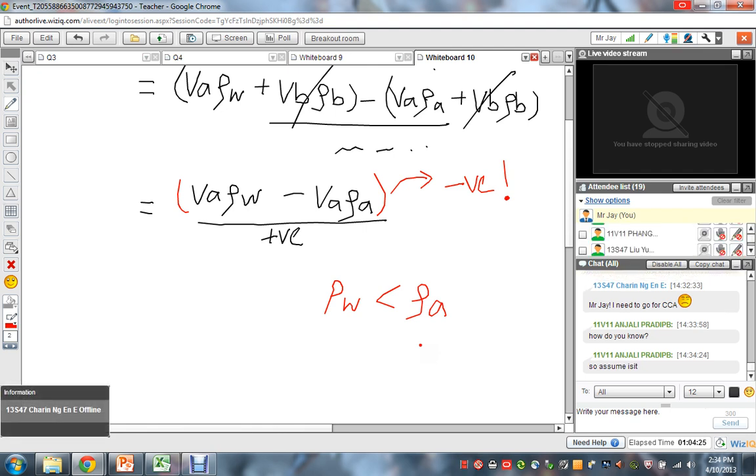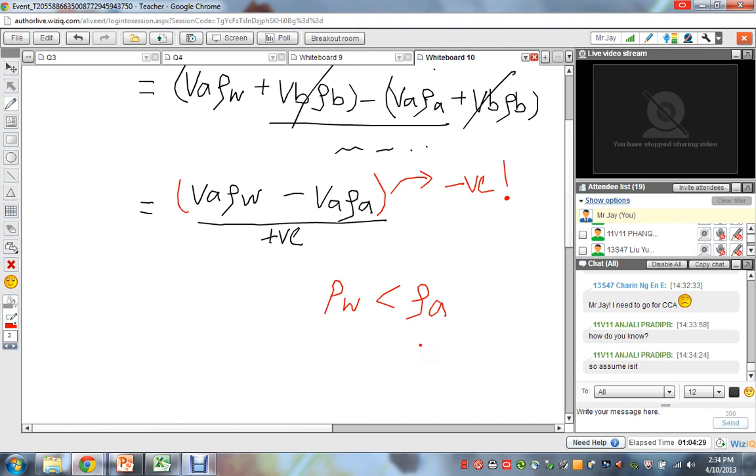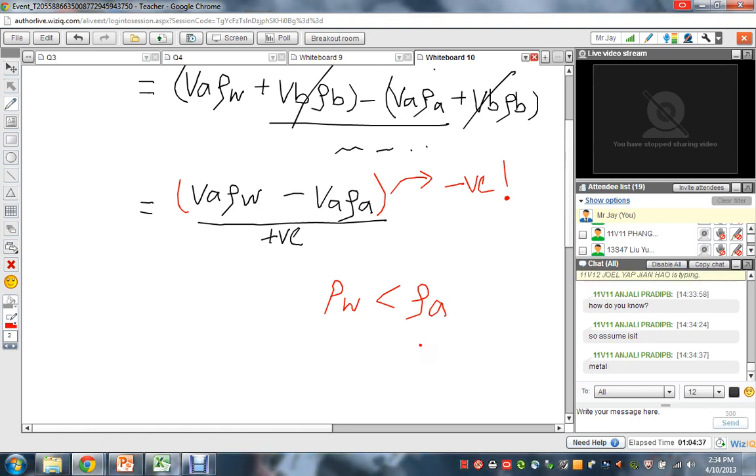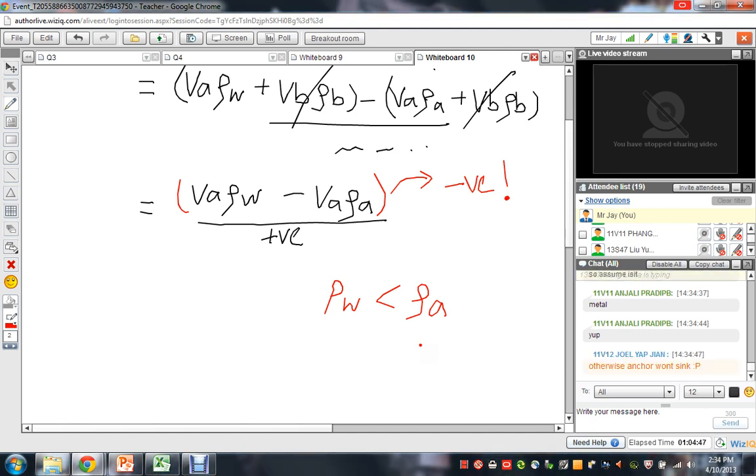No need to assume that density of water is definitely less than the density of an anchor. Right? What's anchor made of? Yeah, metal density is definitely greater, right? Exactly.